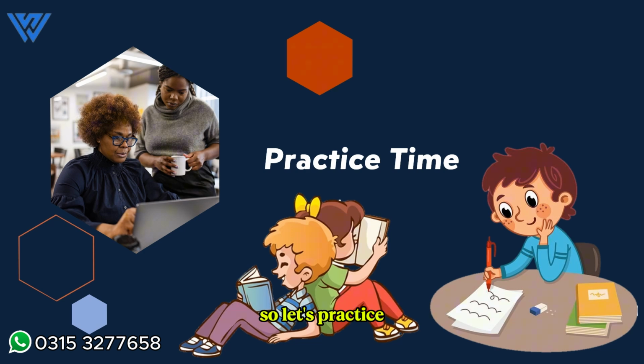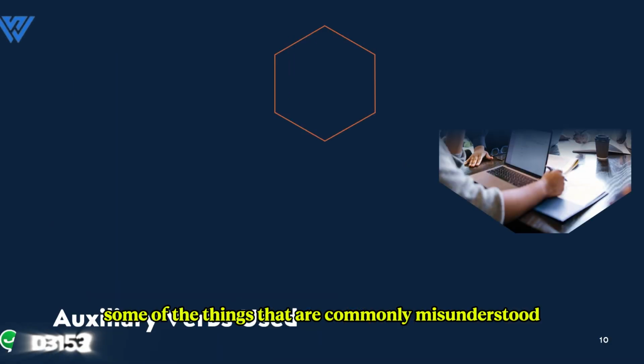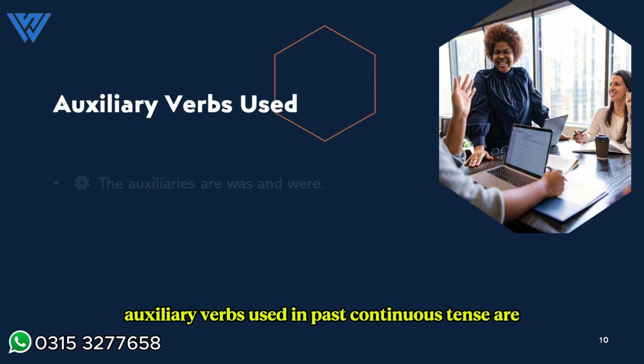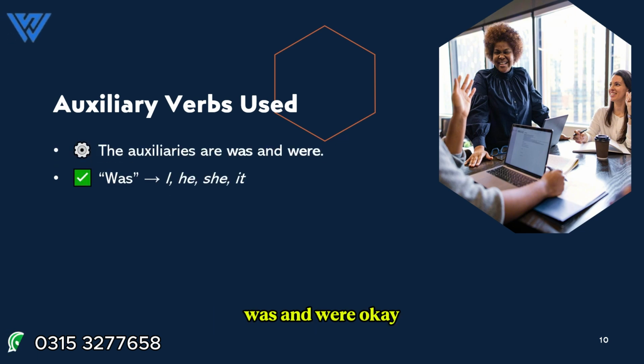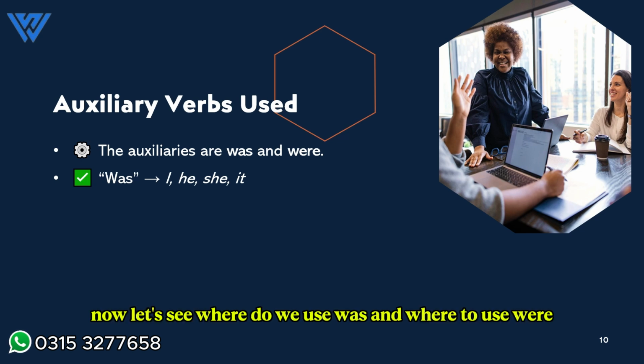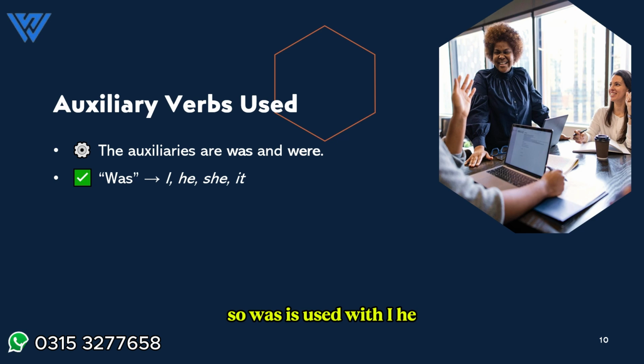So let's practice some of the things that are commonly misunderstood. Auxiliary verbs used in past continuous tense are was and were. Okay, now let's see where do we use was and where to use were. So was is used with I, he, she, it, and singular nouns.